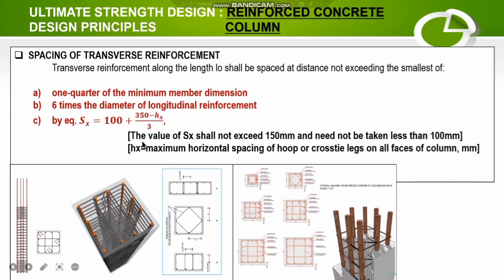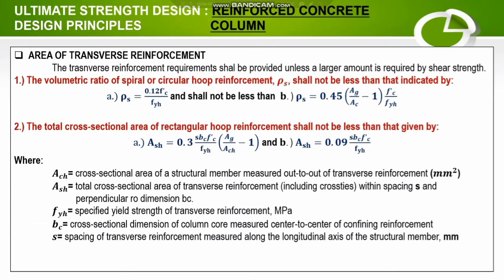Take note that the value of So shall not exceed 150 mm and need not be taken less than 100 mm. hx is equal to maximum horizontal spacing of hoop or cross tie legs on all faces of column.